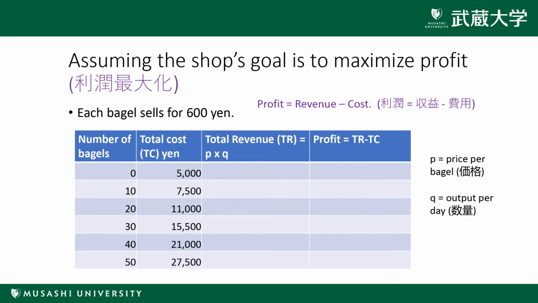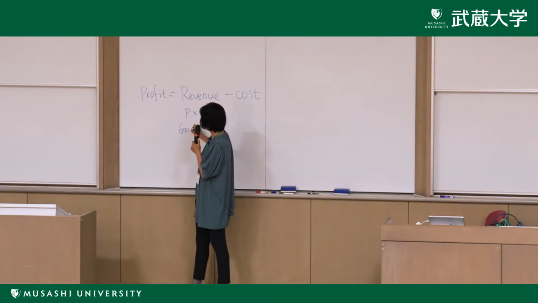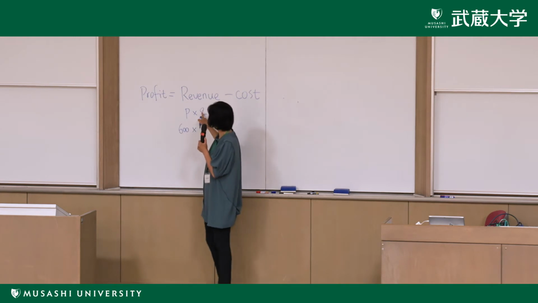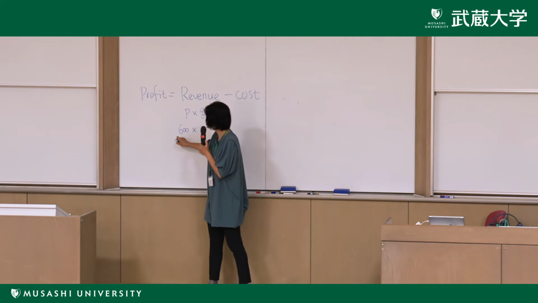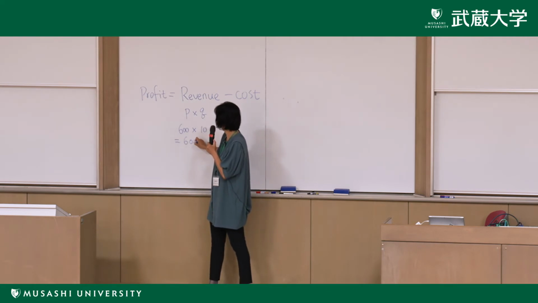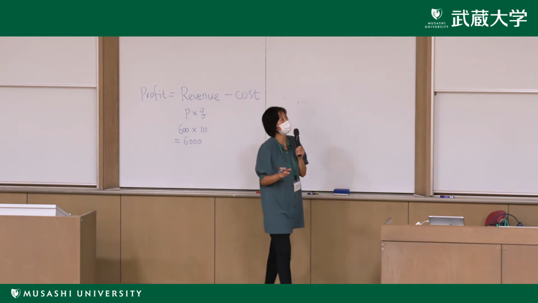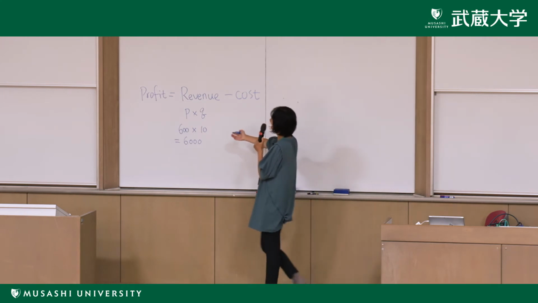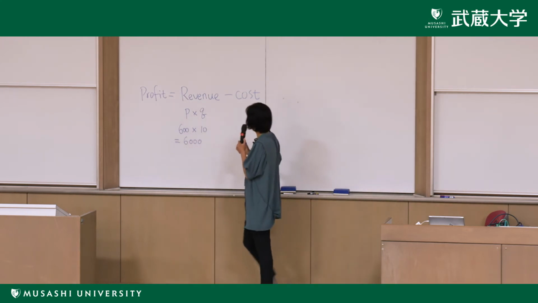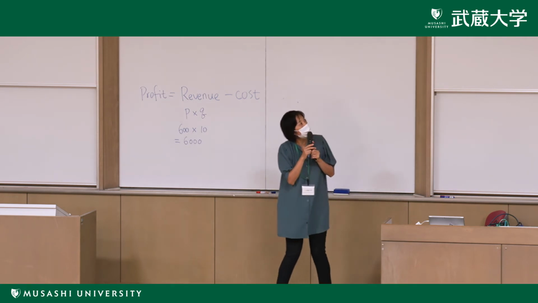For example, if you're selling 10 bagels per day, then the price is 600, and multiplied by the quantity Q, which is 10, this gives us 6,000. So the revenue you collect is going to be 6,000 yen.